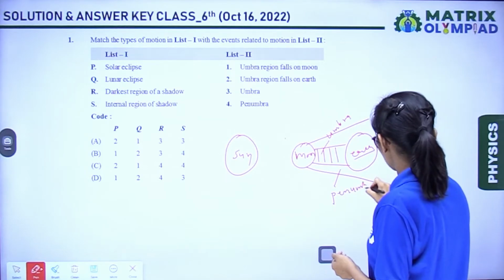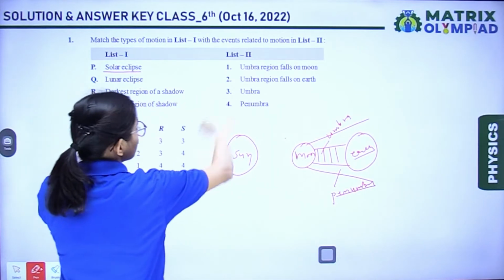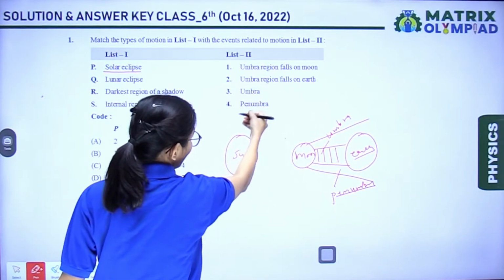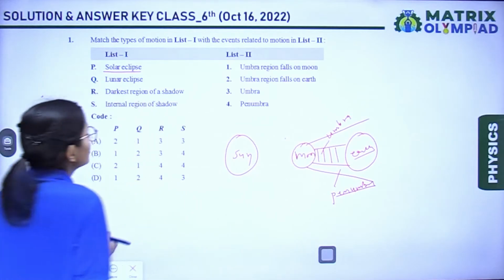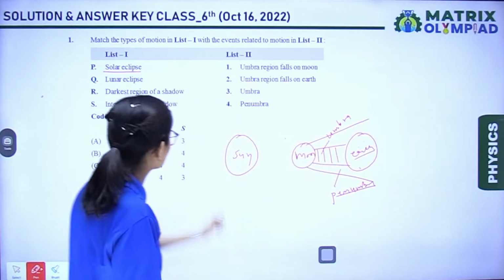Got it? Okay, now see, in a solar eclipse, the umbra region falls on the earth, there is umbra and that is penumbra.